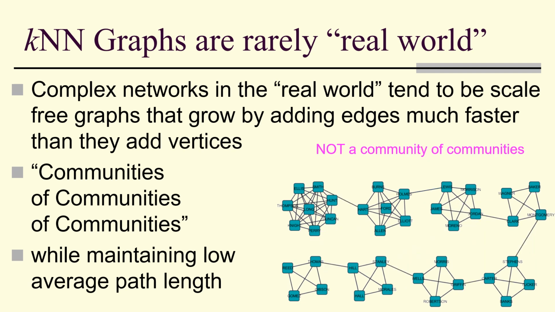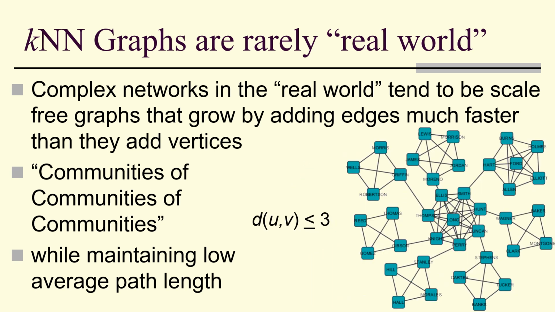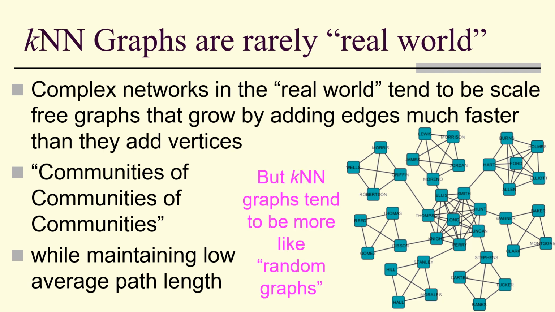So this is not a community of communities, and look how long it takes to go from vertex U to vertex V. This is a large path length on average. So this is not real world. Real world is communities of communities of communities. Notice this community of communities has all the distances less than or equal to 3 between any two vertices.